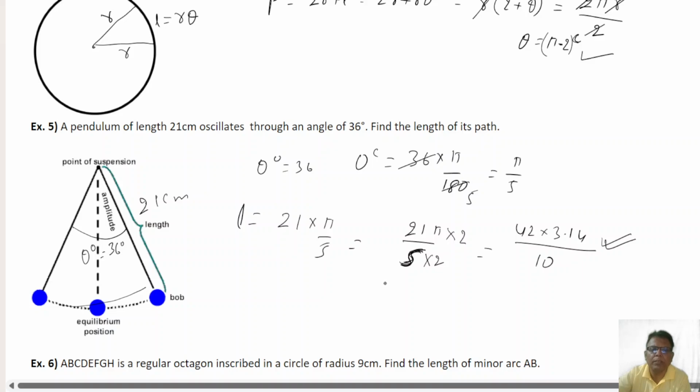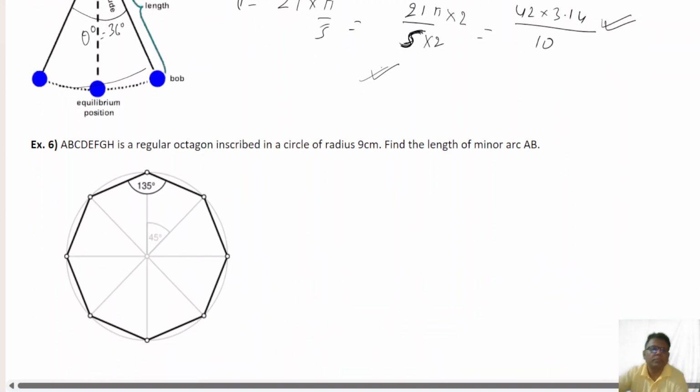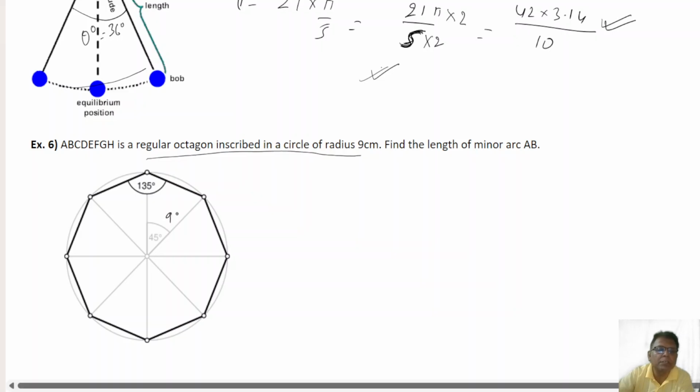Okay, let us move forward. Here it is telling a regular octagon described with radius 9 centimeter. This is 9 centimeter. Find the length of minor AB.